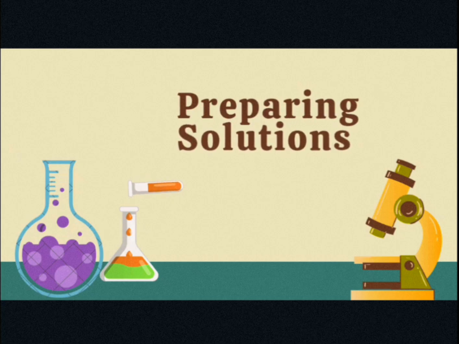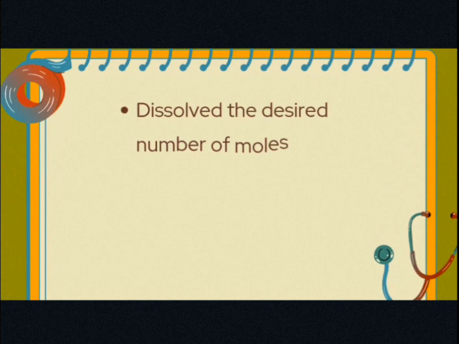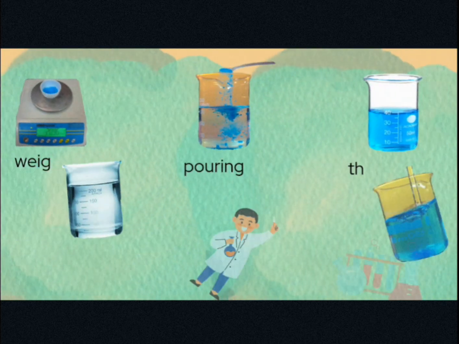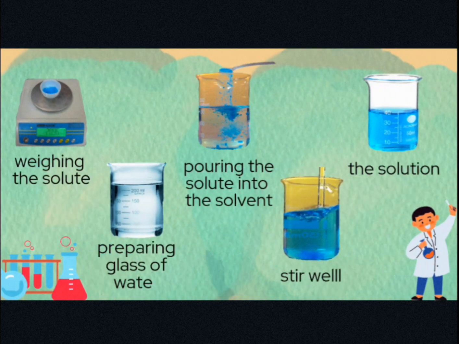The next one is preparing solutions. Dissolve the desired number of moles of solute in enough solvent to give the desired final volume of solution. So here is the process in preparing a solution.